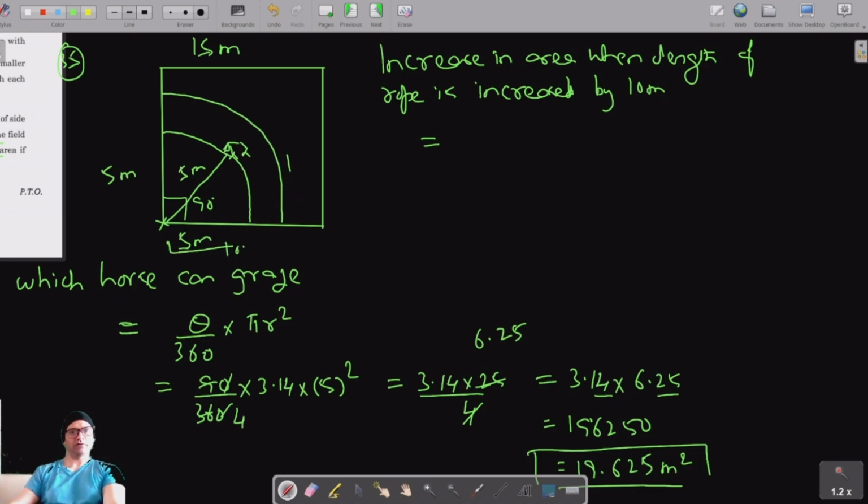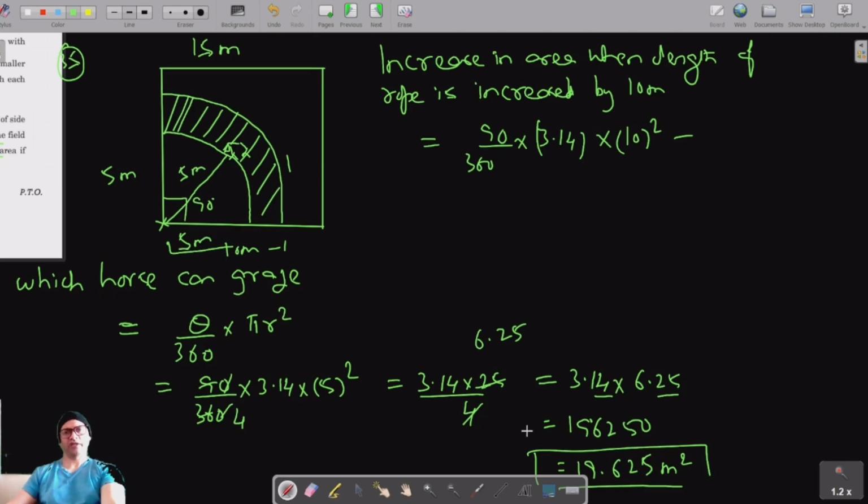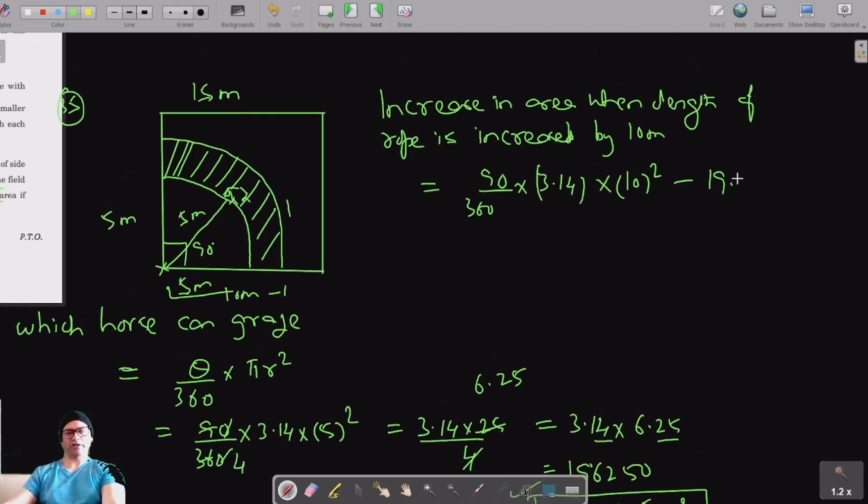So this is now the length of the rope, which is 10 meter, and this is the increase in area, which is the sector with radius 10 meter minus the sector with radius 5 meter. So this is 90 by 360 into 3.14 into radius 10 squared, minus 19.625.